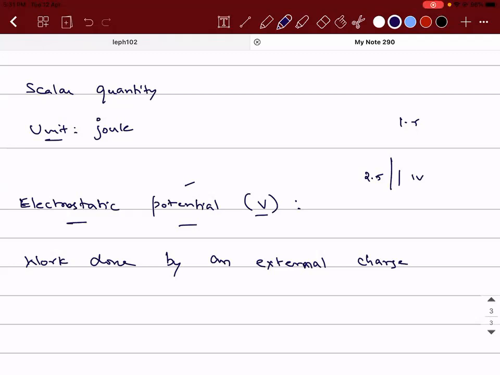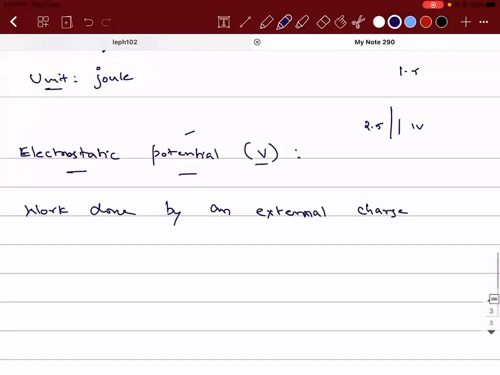Amount of work done by an external charge to move a test charge from infinity to a point in the electrostatic field, right? This definition is also almost closer. Listen, work done by an external force to bring a unit, or I'll change it like this: amount of work done per unit charge to move it from where?